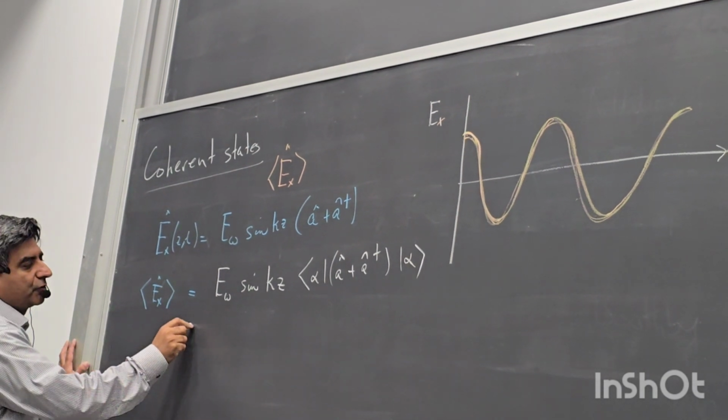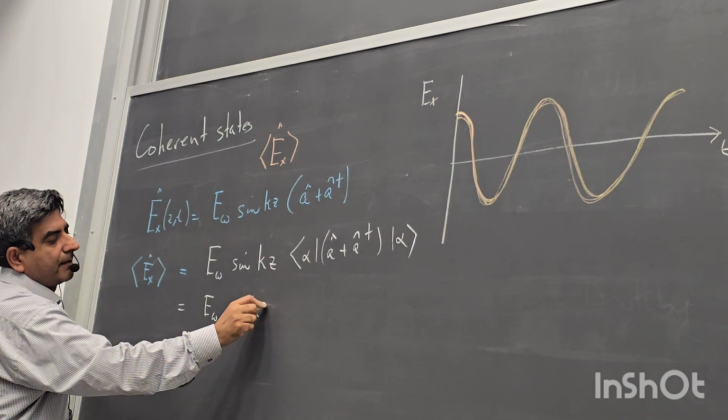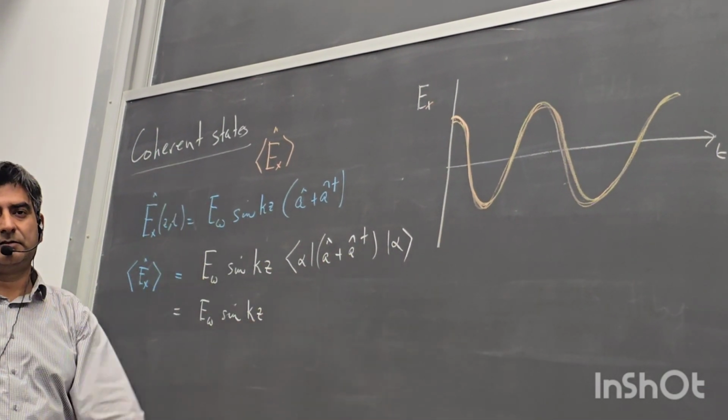And this, of course, becomes E omega sin kz, alpha plus alpha star.